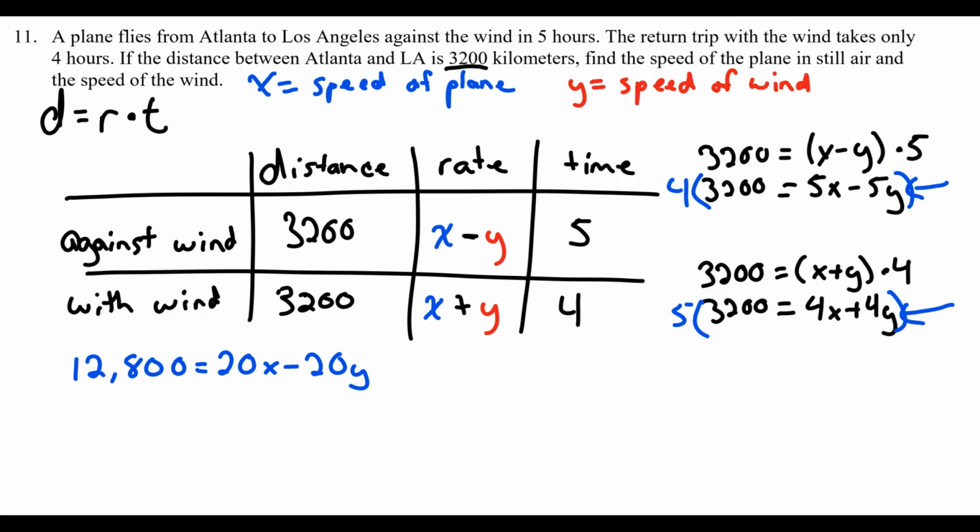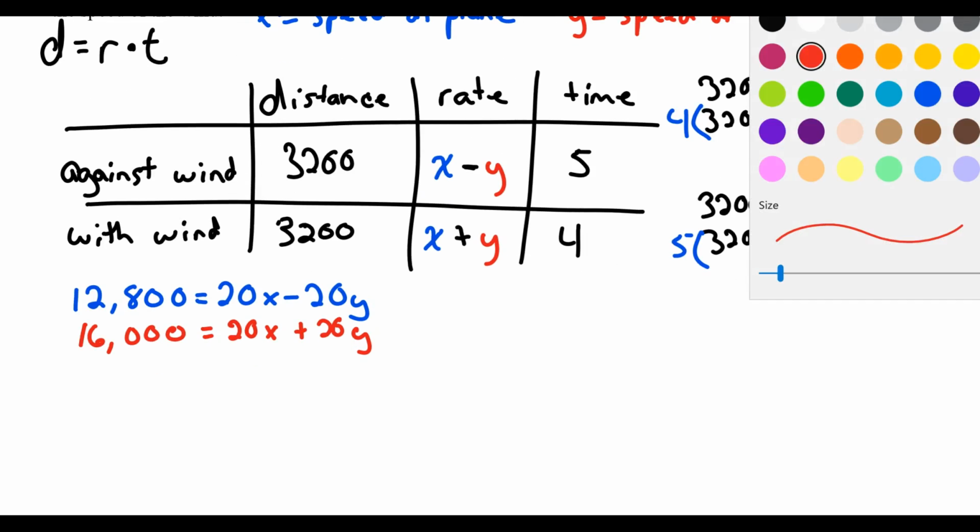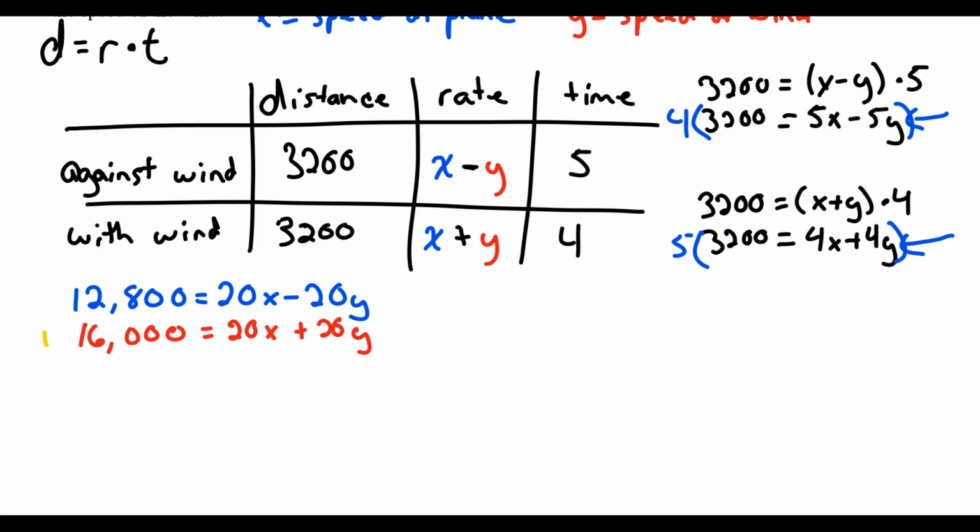Then I have 5 times 3,200, which is 16,000, is equal to 20x plus 20y. Now, if you'll notice, these have opposite signs, same number. So I can actually add these two equations together. Those two will cancel out. 20x plus 20x gives me a 40x. 12,800 plus 16,000 is going to give me 28,800.